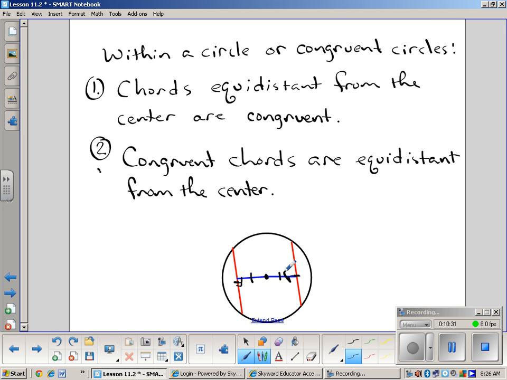So those would have to be perpendicular, and then the little blue segments would have to be equal. Okay? So that's what this is saying. There's 2 things there. And again, just like with the last theorem, where all 3 of them had to be true if one of them was, here it has to be true both ways.